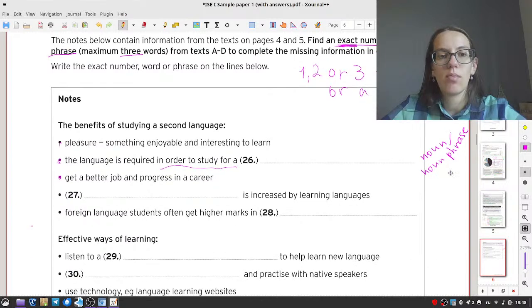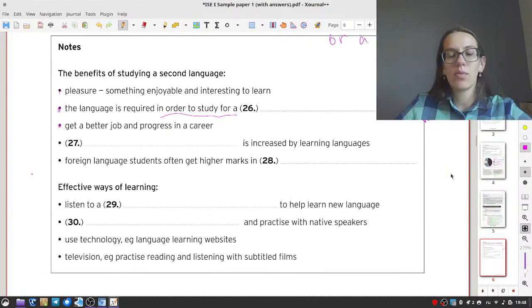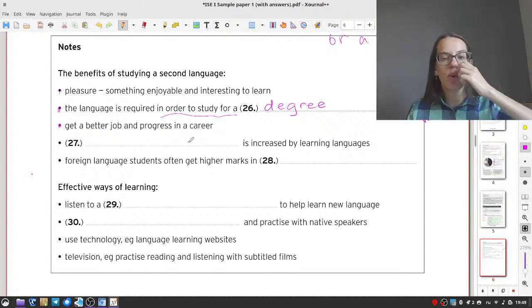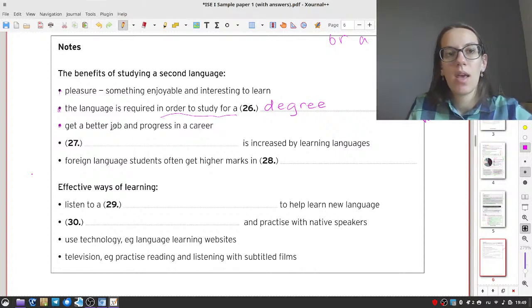So, well, can we use the word degree? Yes, we can. We can use the word degree. Now, do we need the word requirement? No, because it already says is required. The language is required in order to study for a degree.